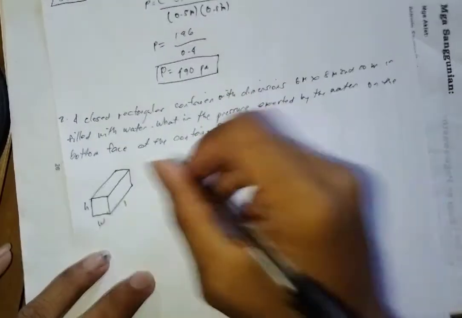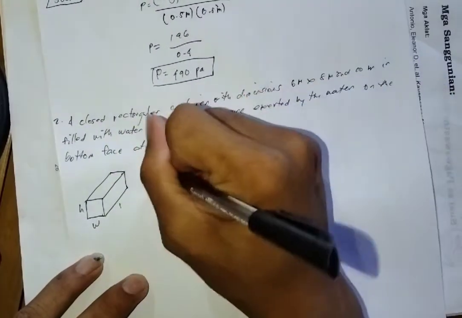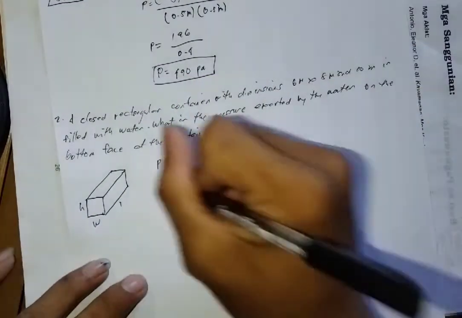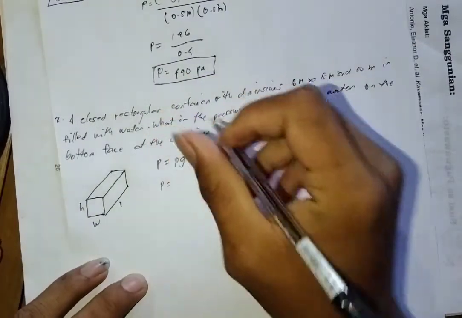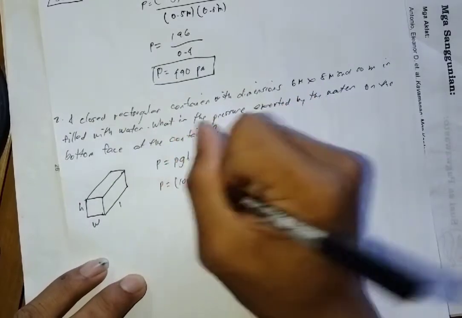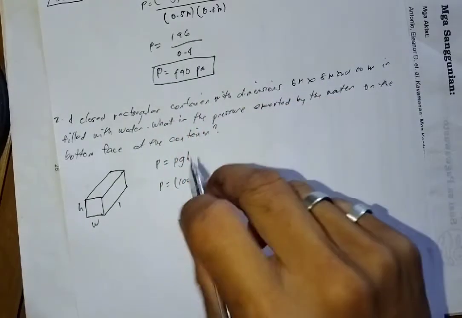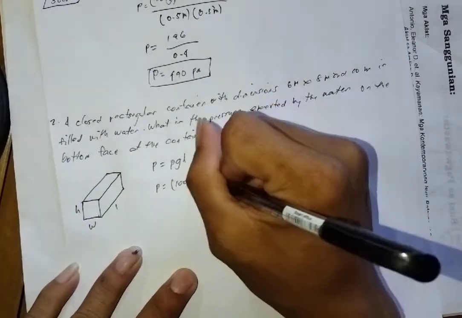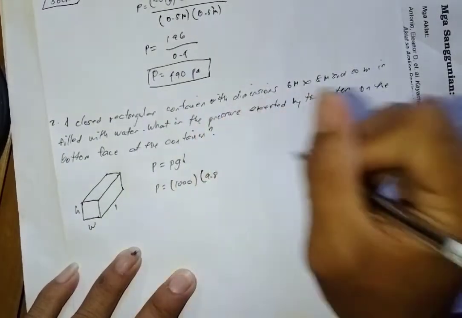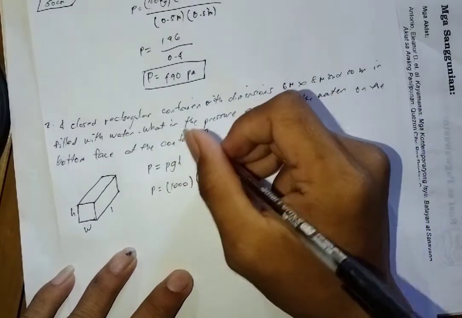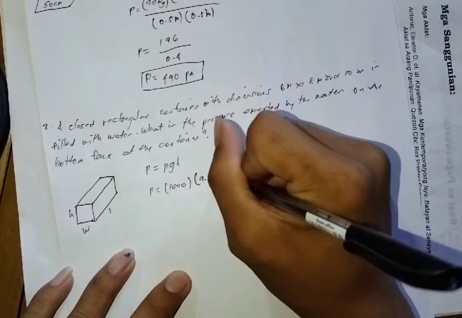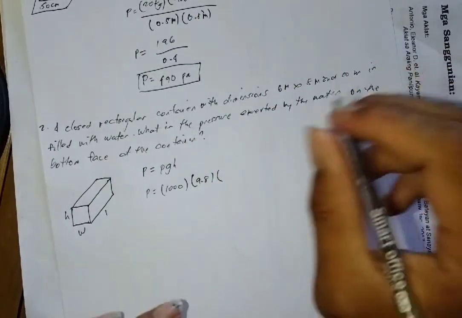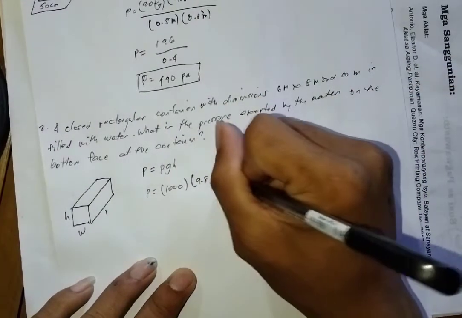The formula that we're going to use is P equals rho g h. Rho is equal to 1000. 1000 is the density of water, and 9.8 is the gravitational acceleration, times the height of the rectangular container, 10.